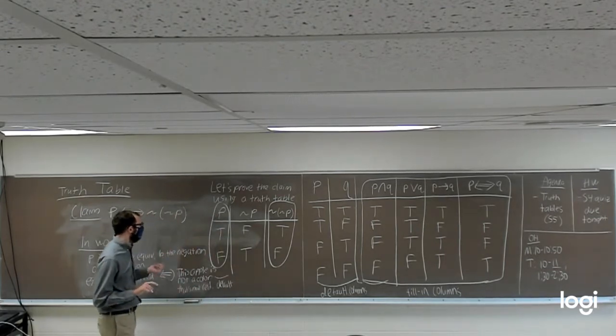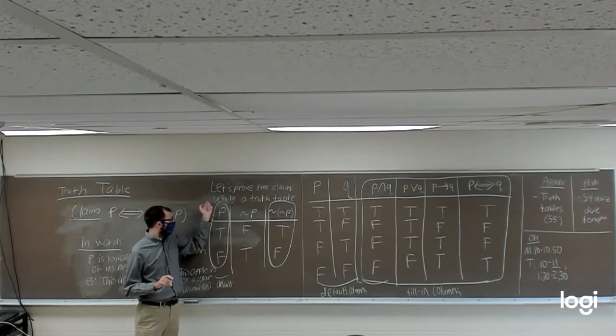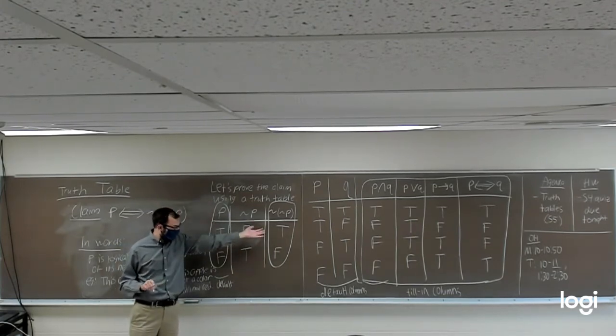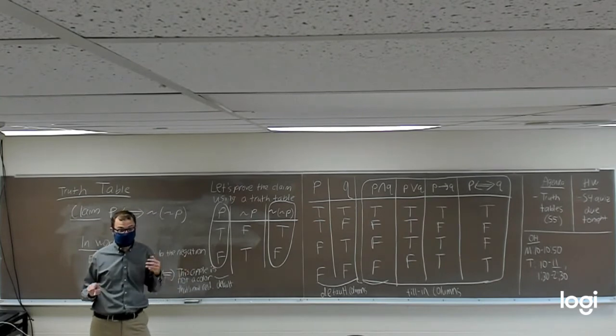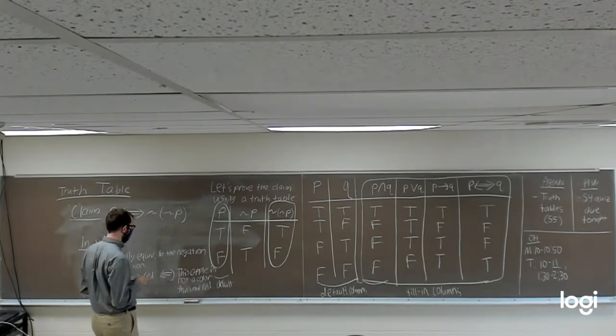And so that's going to tell us that since P and negation of negation of P have the same columns, they're true and false under the exact same scenarios. That's our proof that P and not not P are logically equivalent.